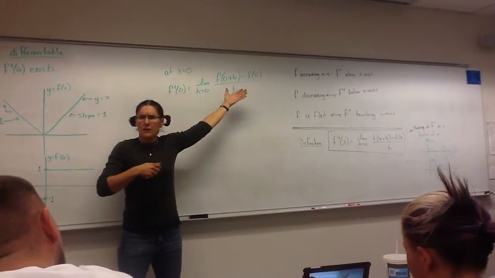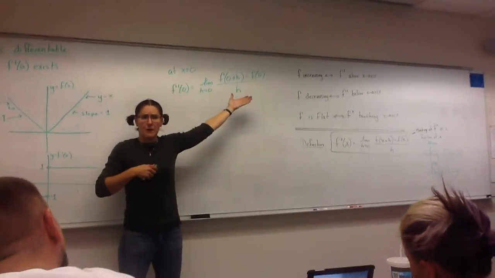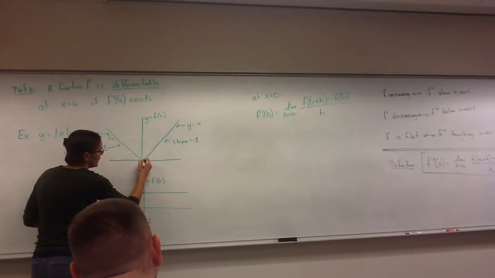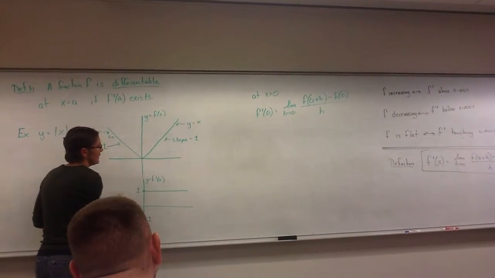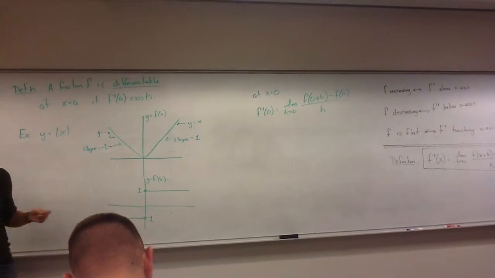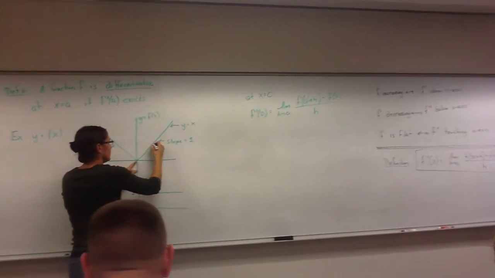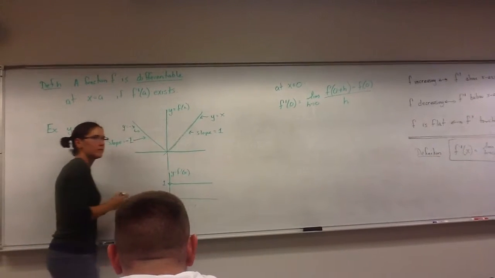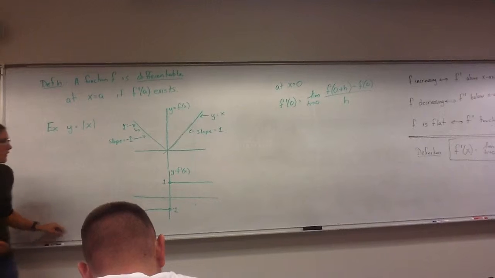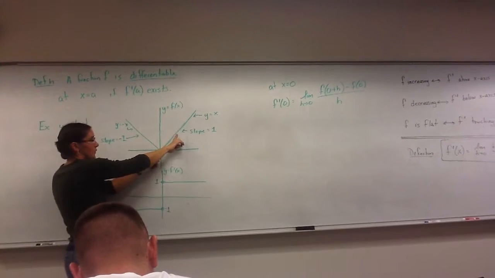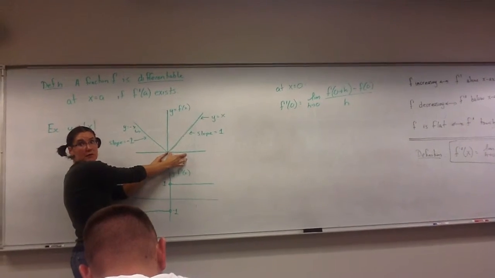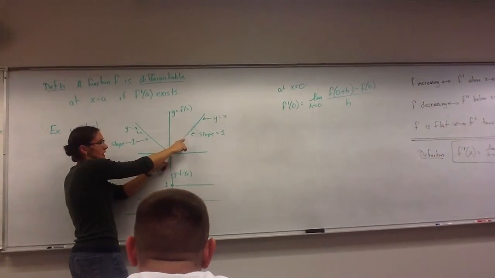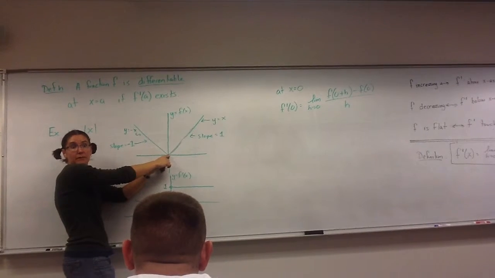This is saying, if we want to calculate this, we need to calculate this limit. So how do we do that? Well, we start by putting a point here. Here's our point that we're interested in. And I pick a second point, and I draw the secant line between those two points. Now, as h, the distance between these two points on the x-axis, goes to 0, the second point is sliding down toward the point that we're interested in.